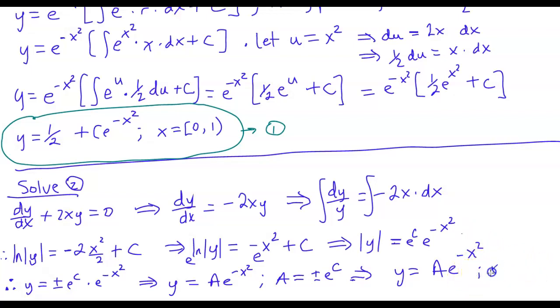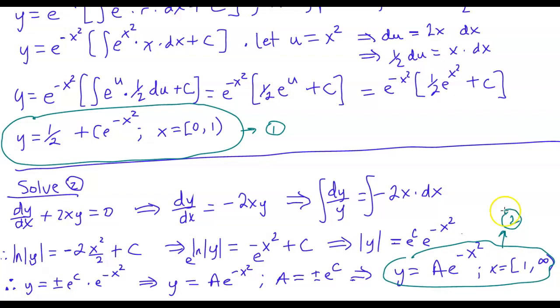And this is the one where x has to be greater than or equal to 1. All right, so this is our solution to the second piece of the piecewise function.